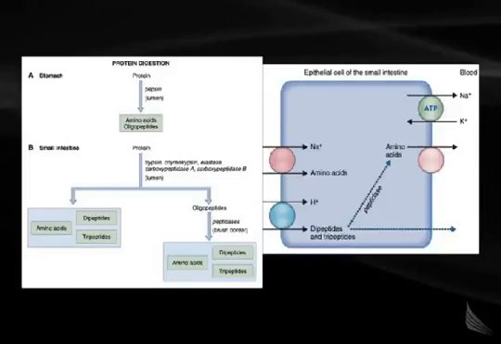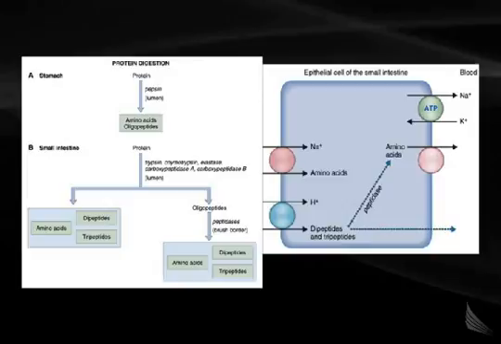On the left-hand side, we have a brief overview of protein digestion. Protein that enters the stomach is digested by pepsin into amino acids and oligopeptides. This task is continued by pancreatic proteases such as trypsin, chymotrypsin, elastase, carboxypeptidase A, and carboxypeptidase B. Subsequently, with the oligopeptides, there are peptidases in the brush border that break them down further.